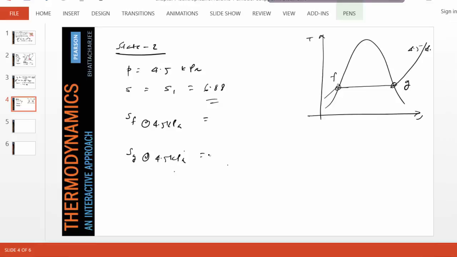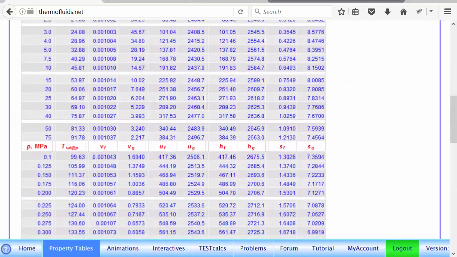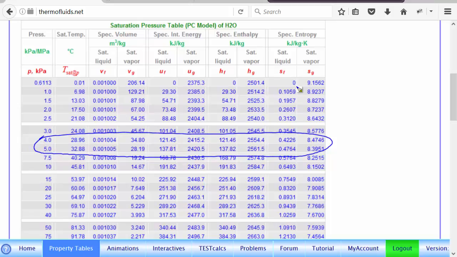This is the manual way of solving the problem. We go back and find 4.5 kPa, which is somewhere between these two lines. We can pick up S_F and S_G, which will be in between these two values.